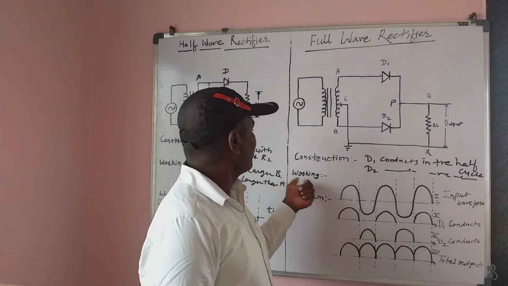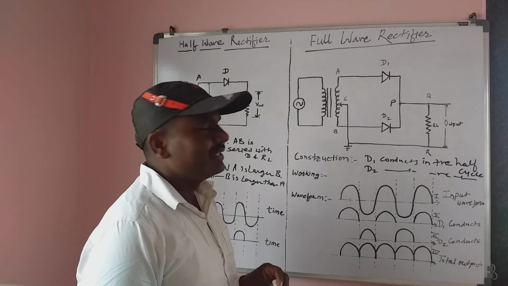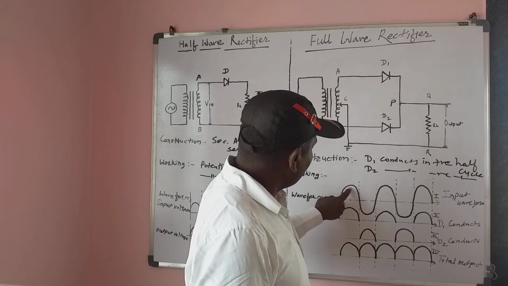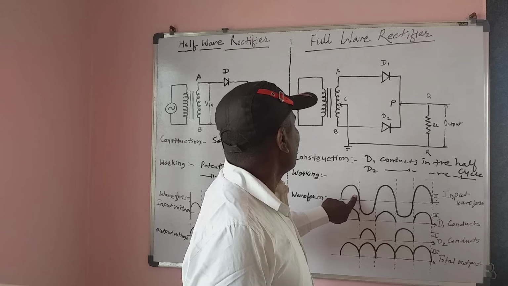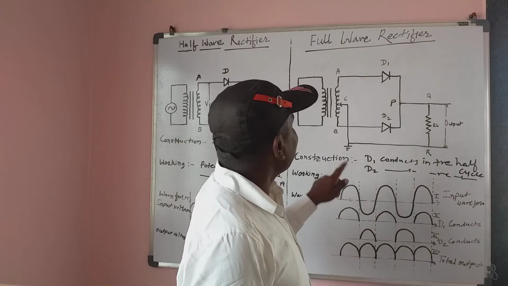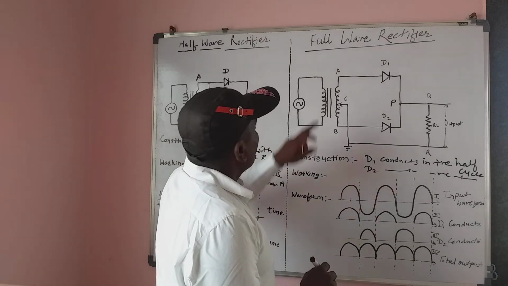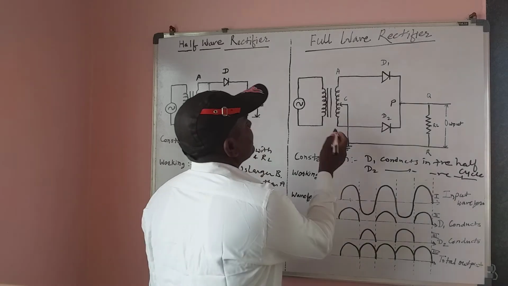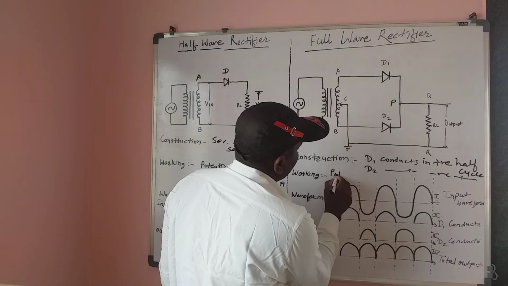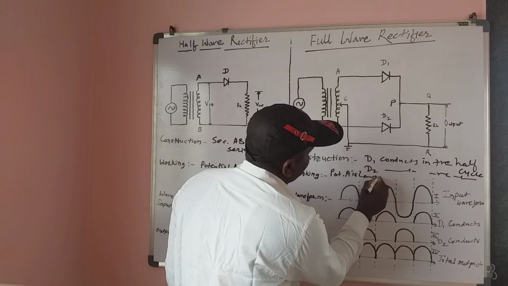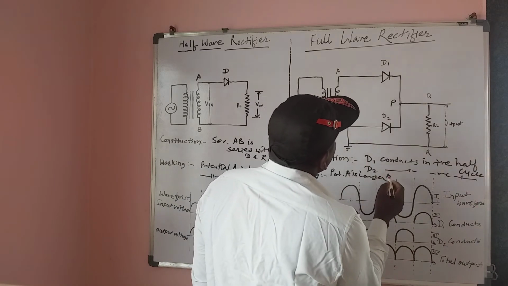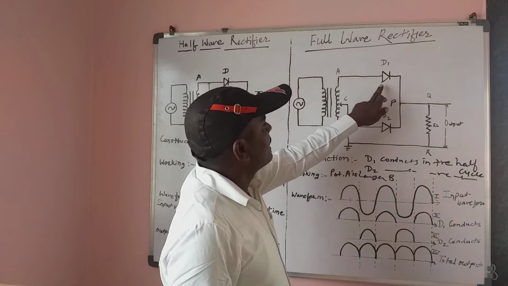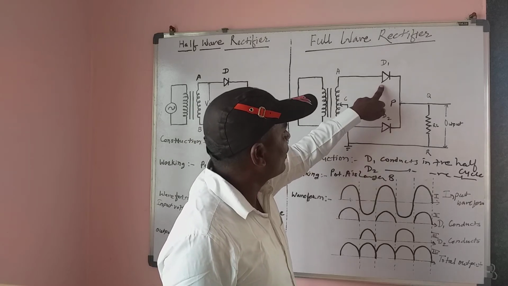Now the working of this full wave rectifier. What happens when the positive half cycle of the AC input begins? At that time, the potential at A is larger than at point B. Then diode D1 conducts.